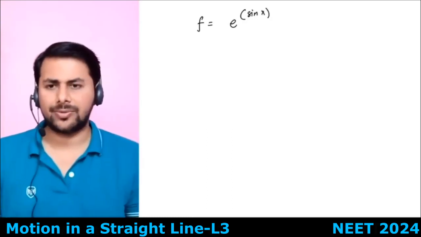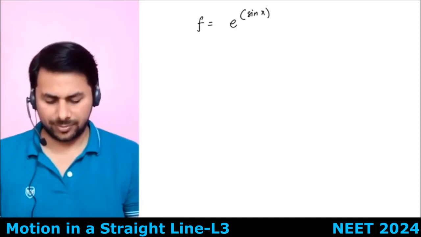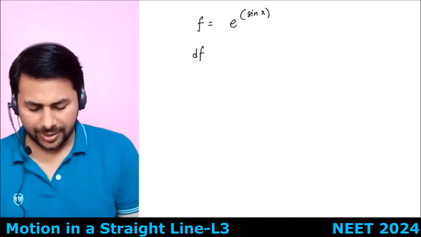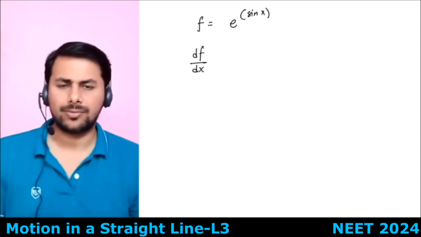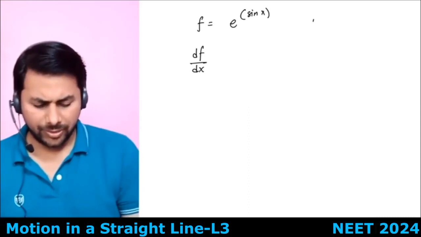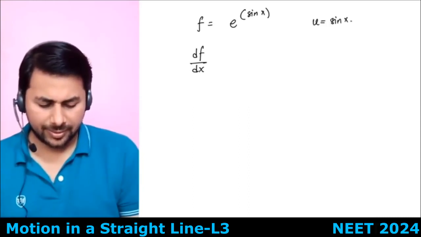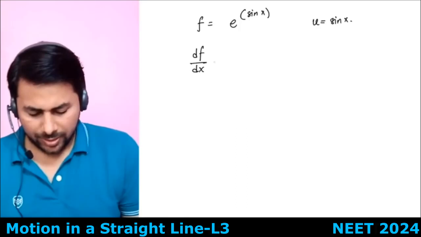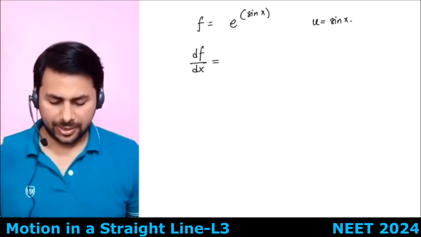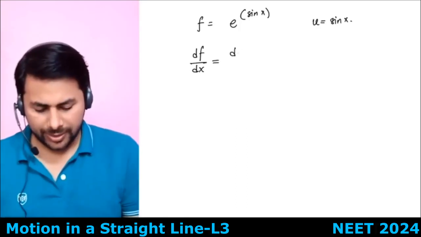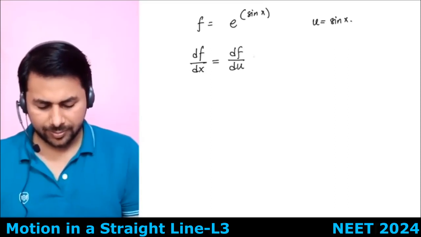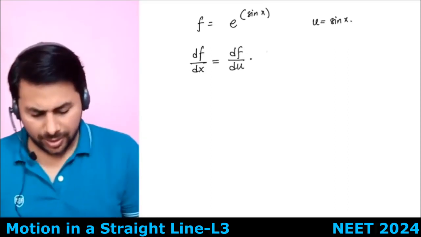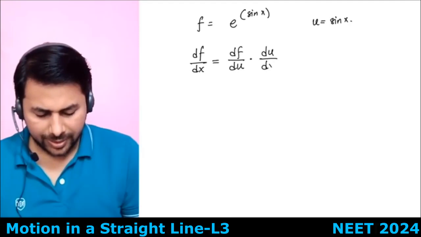Now what will be its derivative? So what will be df by dx? Now my u is sine x. So I can write that df by dx is equal to df by du multiplied by du by dx.